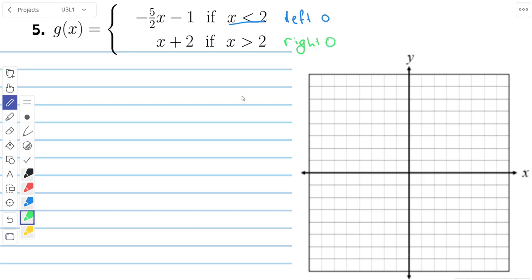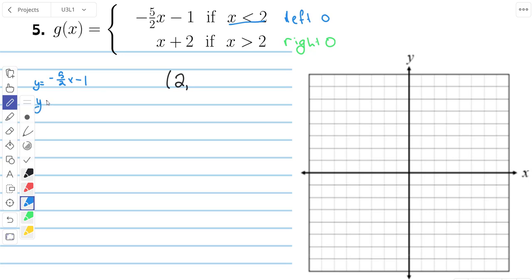That's an open circle. And so when I take my blue line, negative y equals negative 5/2 x minus 1, I'm going to test it at the point of, I want to see what's happening at that 2. So I'm going to see where that open circle is. So I'm going to plug in 2 for my x so I can find my y.